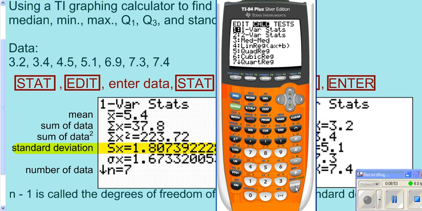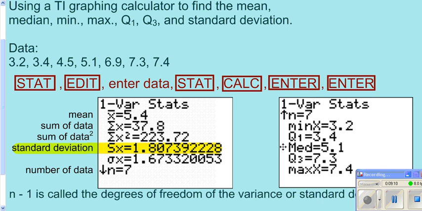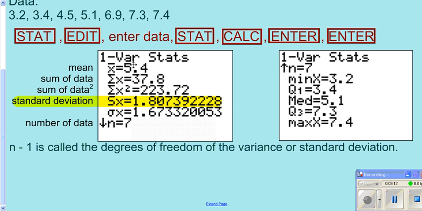Our one variable stats allows us to find a lot of the information we've been dealing with. And then we have these numbers given to us. Notice you have a down arrow here, so that means there's more information represented below. Let's talk about this on our screen here. You have the first number with an X bar, that's your mean. You also have your standard deviation.